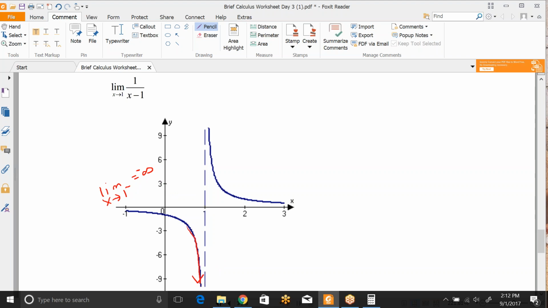It's getting smaller and smaller, smaller y values. The limit from the right, as we approach 1, our graph is getting higher and higher, so we're getting bigger and bigger. This one's approaching positive infinity. Since these are approaching different things, that means the limit does not exist.